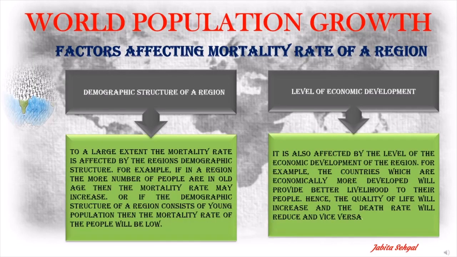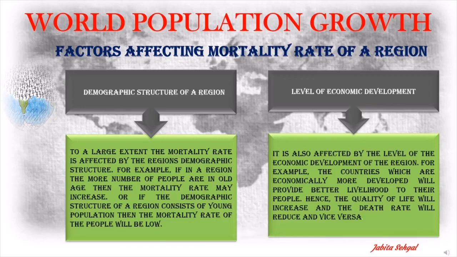And at the end, we will talk about the factors affecting the mortality rate of a region. Mortality rate means the death rate of a region. Well, the first factor is the demographic structure of a region. To a large extent, the mortality rate is affected by the region's demographic structure.